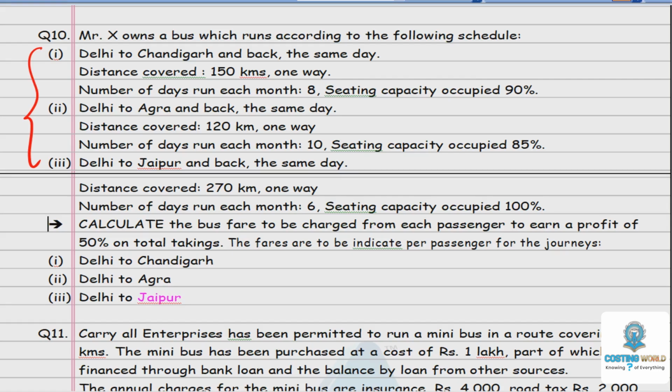So you're not interested in number of passengers now. 8040? Yeah. 8040.